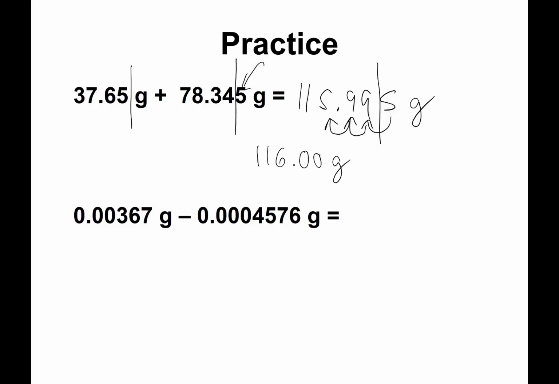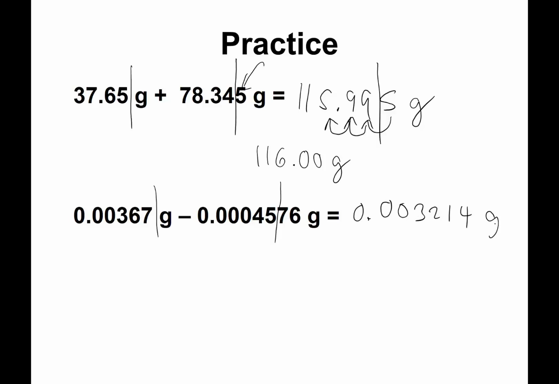Here we are subtracting. This one has 3 significant figures and this one has 4, but when you're subtracting, you again want to watch out how far out you're going. So you're going to the 5th place, and so we can only go to the 5th place here. So 1, 2, 3, 4, 5. Anyway, if you subtract the 2, the calculator will give you 0.003214.